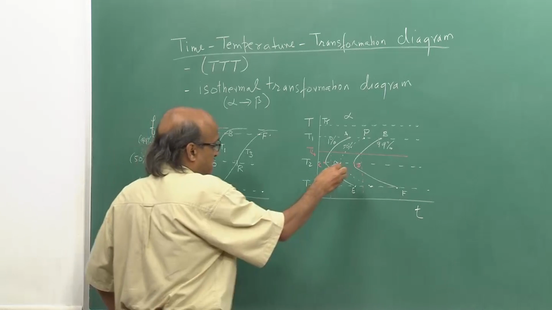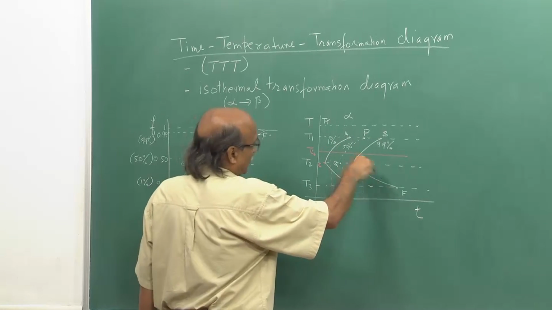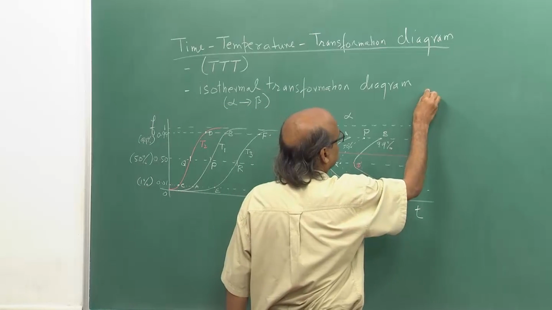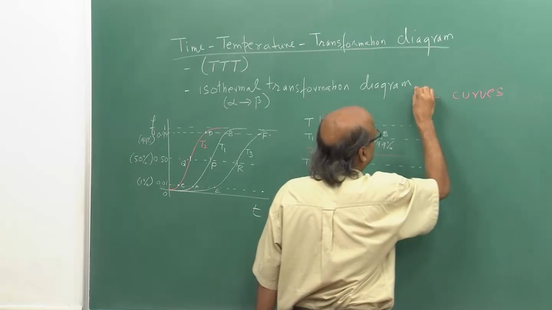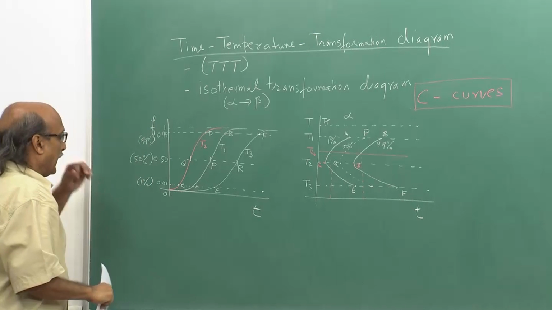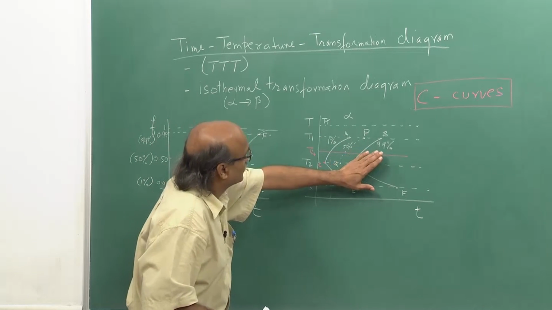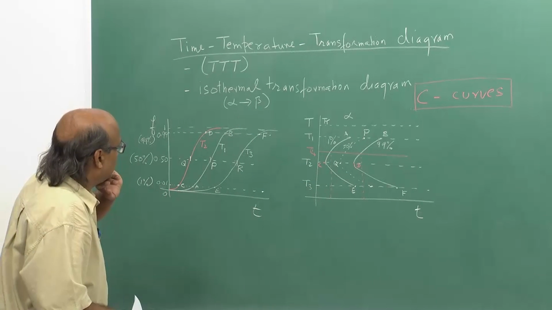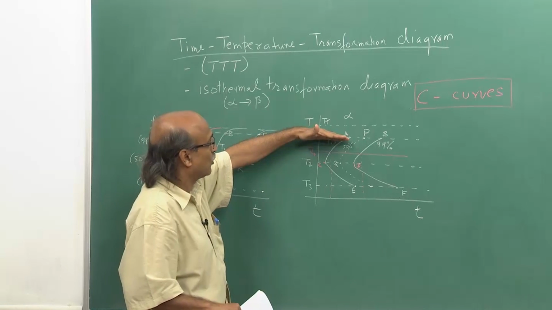Note from this that all the curves that are drawn are in the shape of a C. So, many times such diagrams are also called C curves. The reason for the shape of the curve being a C should be clear: for small undercoolings the transformation rates are slow.